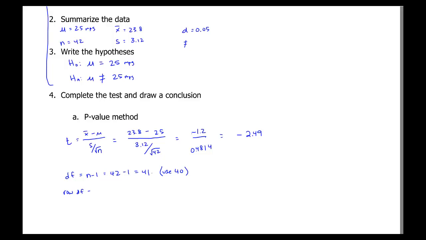Okay, if you were to look that up in the table, so in the row where degrees of freedom equals 40, you kind of go across, and again, we'll show you this in class, but the value of this t, negative 2.49, if you take the absolute value of that, that's what's going to be in the table.